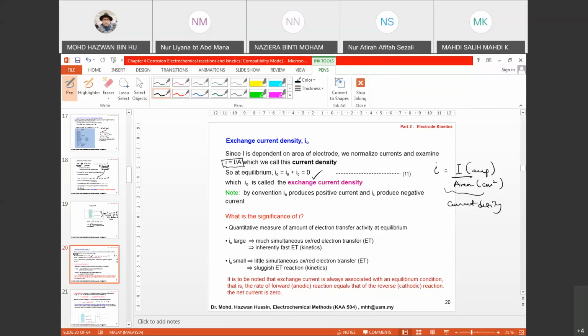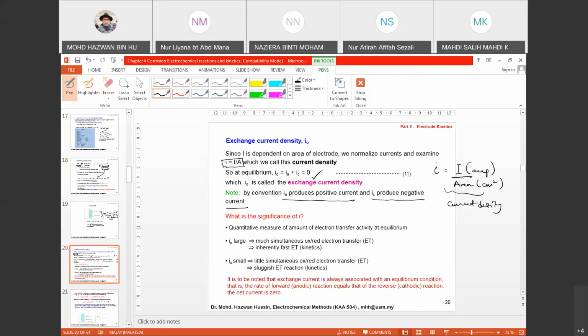So if you add them all together, it becomes zero. Noted by convention, anodic current density produces positive current and cathodic current density produces negative current. As I told you, anodic is a positive current and cathodic produces negative current.